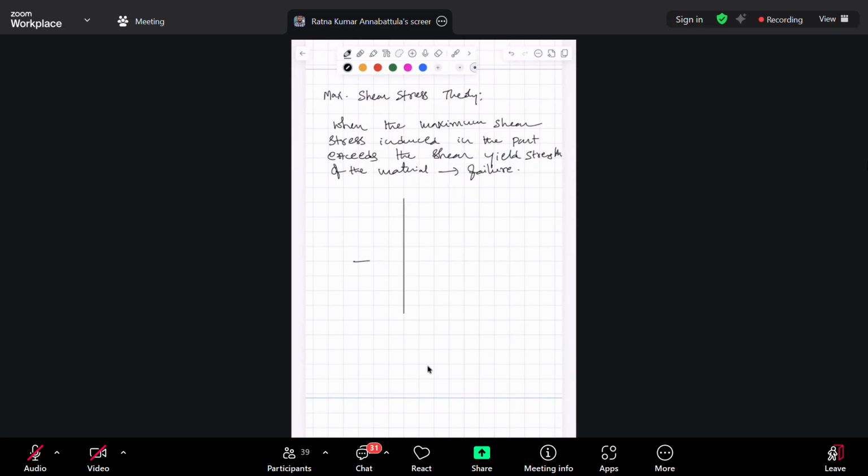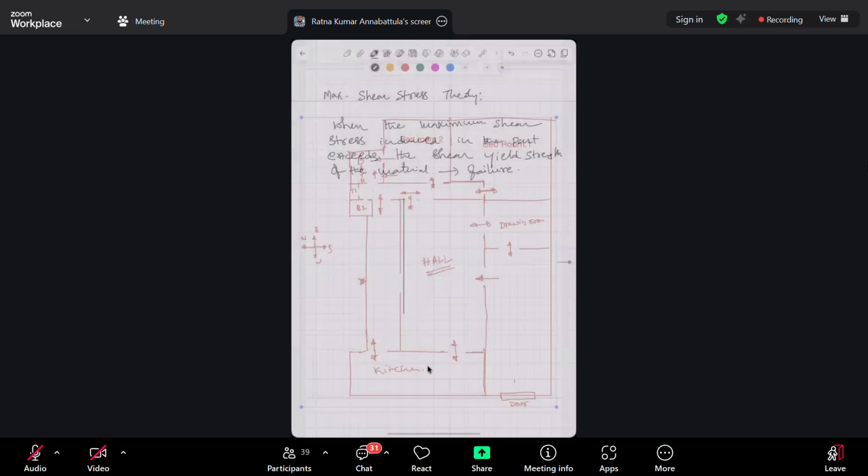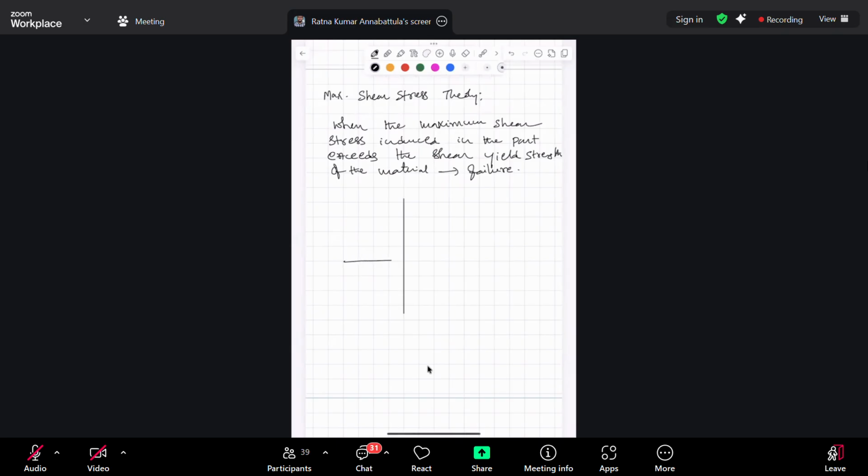The Mohr circle for the uniaxial tension test will be drawn with sigma on one axis and tau on the other. For the uniaxial tension test, if this is my specimen, this is let us say sigma. At the onset of yielding, this will become the yield strength, right? That is when this applied stress becomes equal to sigma y, and that is when failure takes place. That is when the plastic deformation happens, isn't it?